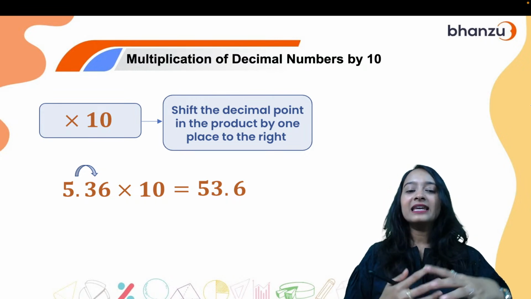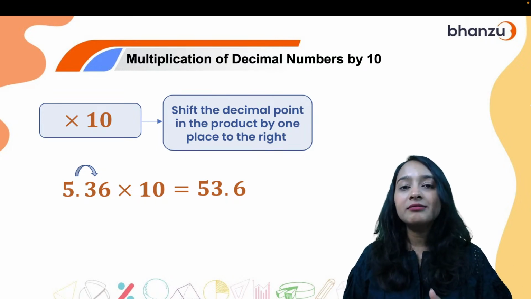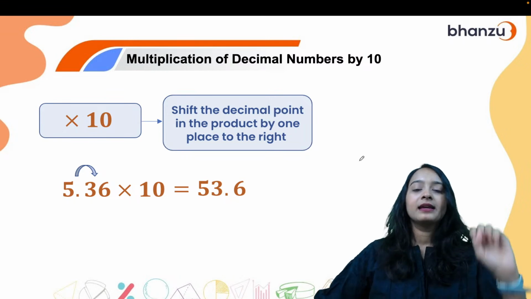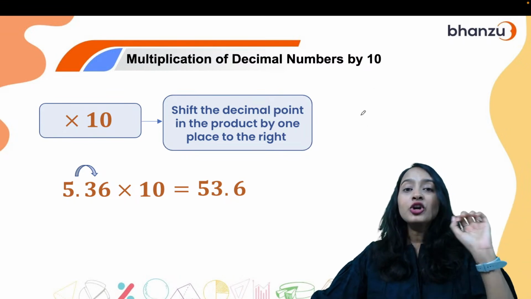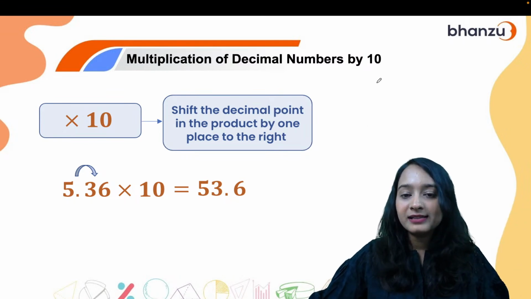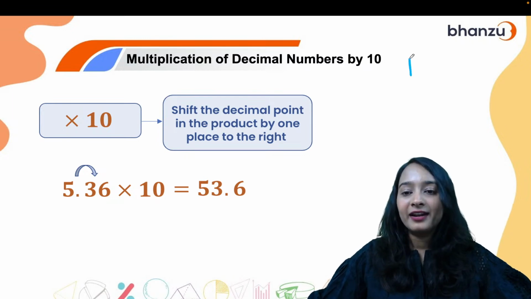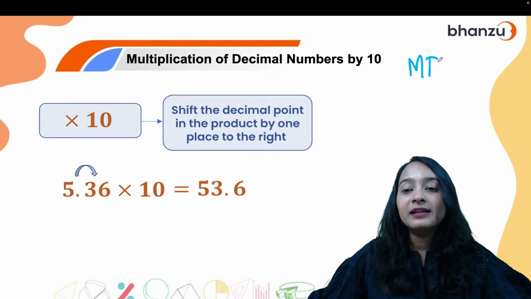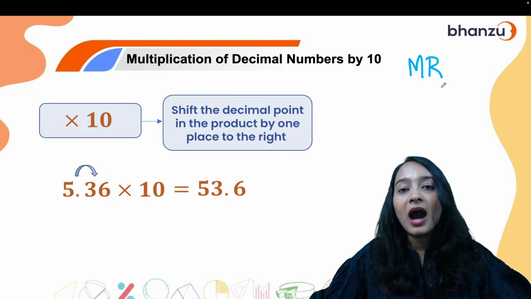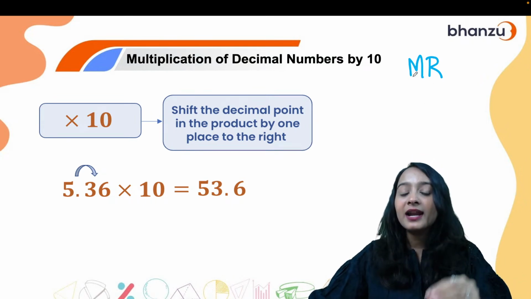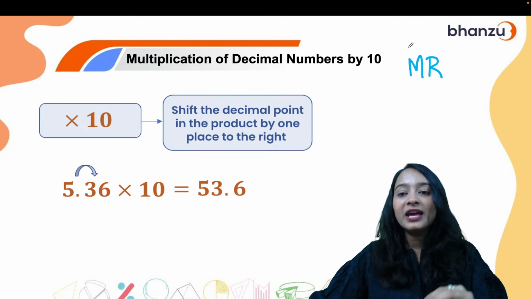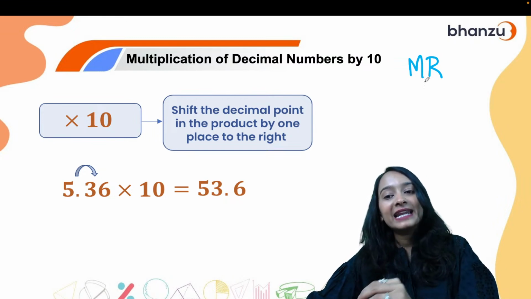Okay. Now let's take up the first number. 5.36 multiplied with 10. Please remember, whenever you are multiplying decimals with the powers of 10, you move the decimal point towards the right. Multiplication with powers of 10, move the decimal towards the right.